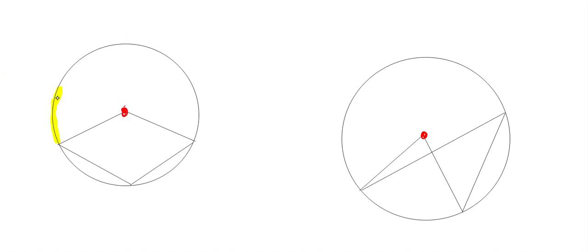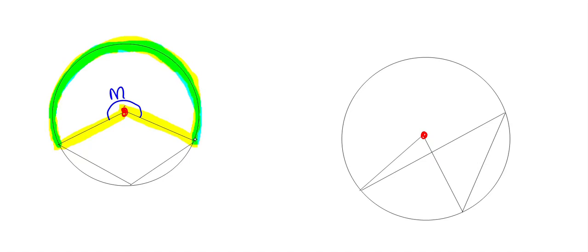Now this arc subtends a particular angle at the center. Let's call it M. The same arc subtends a particular angle at the circumference.